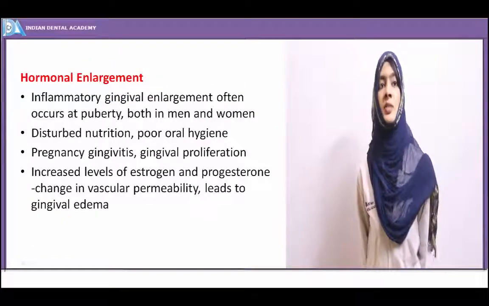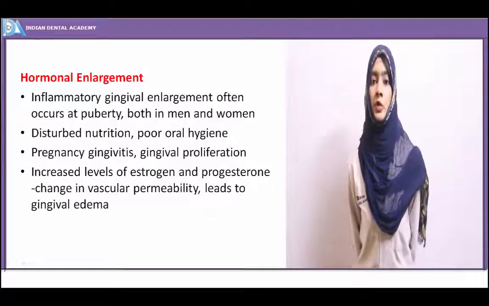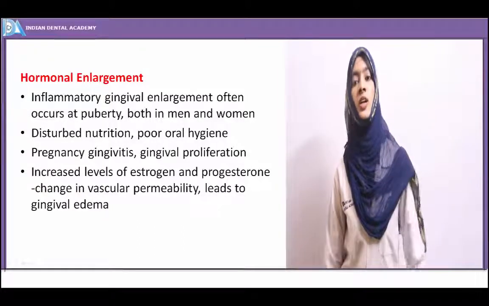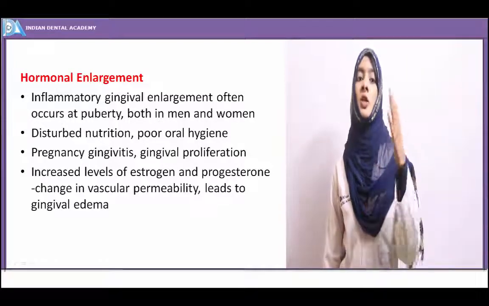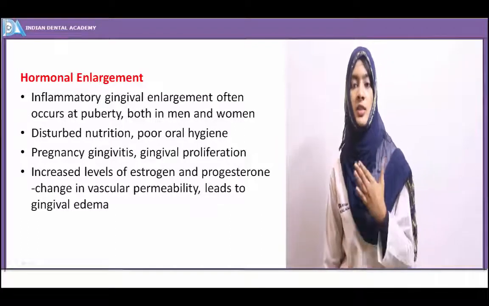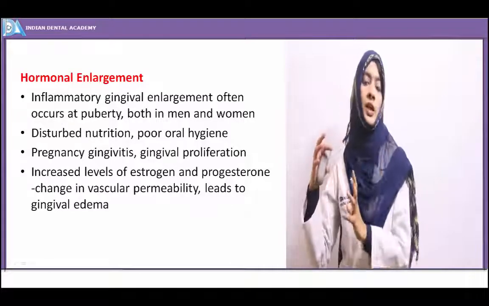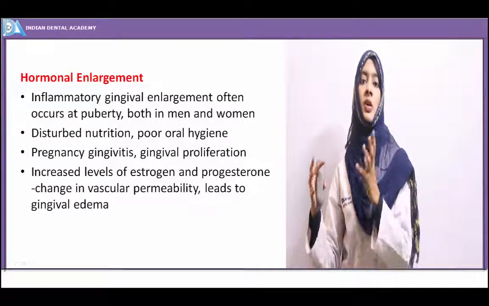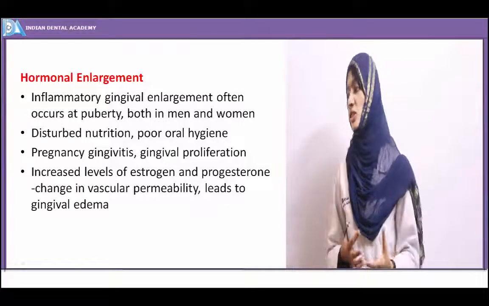Hormone related enlargement: we have seen that in pregnancy there is an altered immune response, because of hypersensitivity in the endocrine response, even to minor local factors. Even minor local irritating factors present as a non-specific inflammation or acute features of chronic inflammation, that is pregnancy gingivitis.